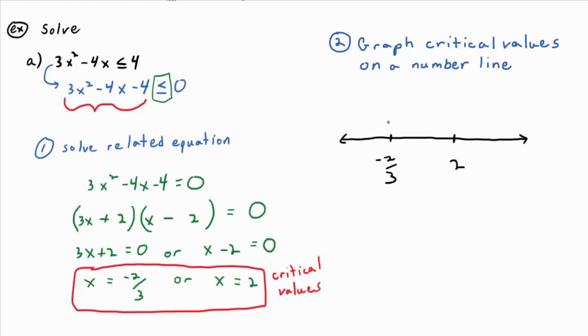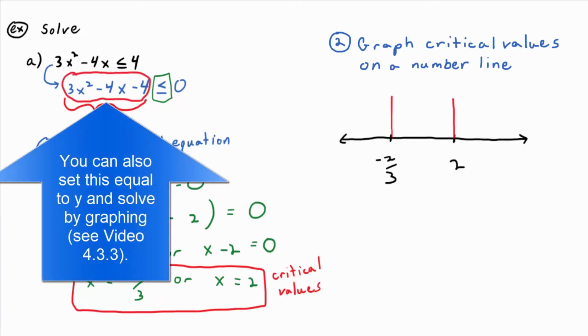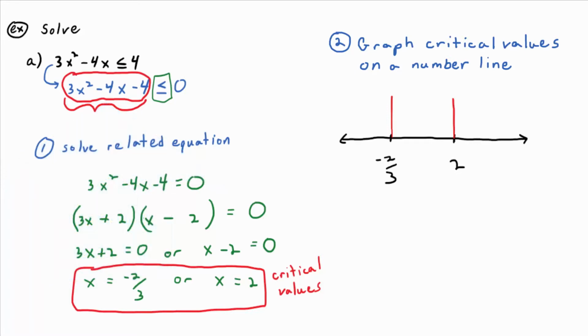And then these create borders. So the idea then is once you graph those critical values and realize that your possible intervals of solution go from negative infinity to negative 2/3, from negative 2/3 to 2, and from 2 to infinity.